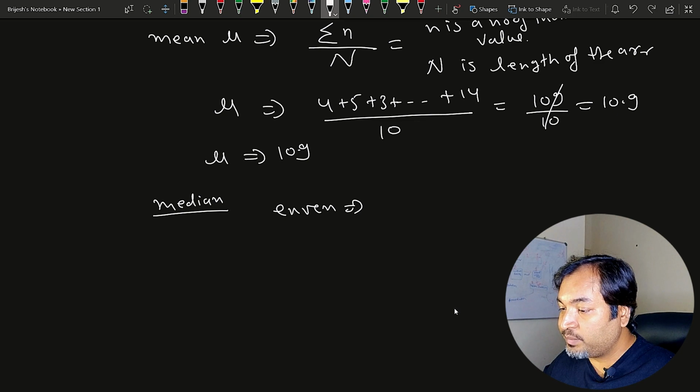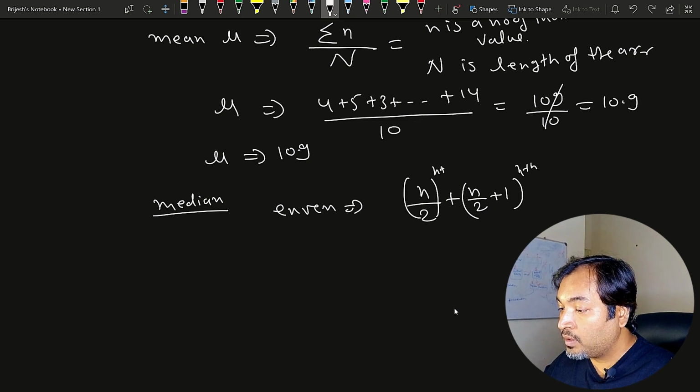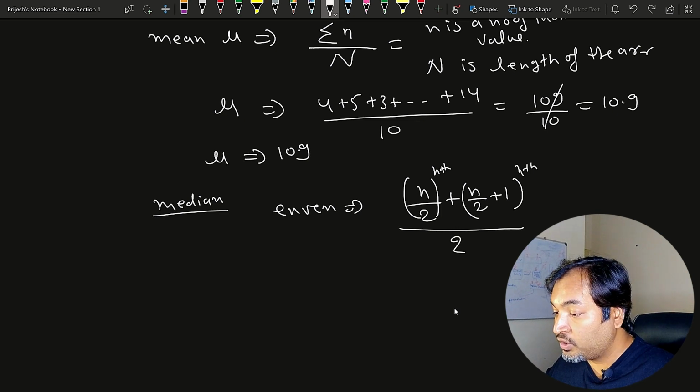The formula for the median is the n by 2th element plus the n by 2 plus 1th element, divided by 2.